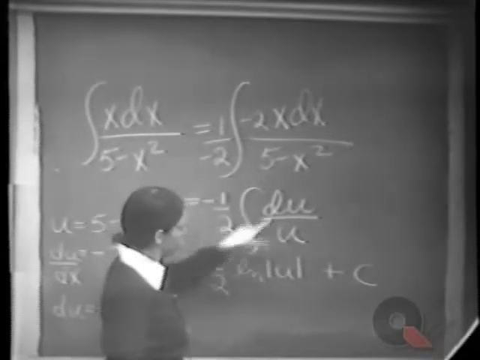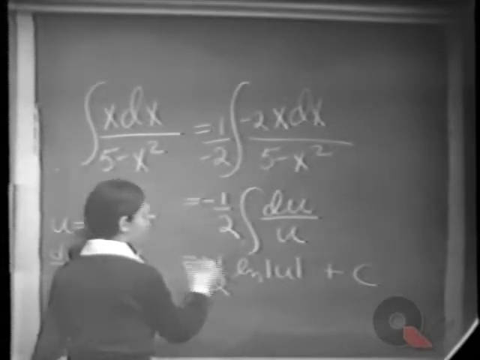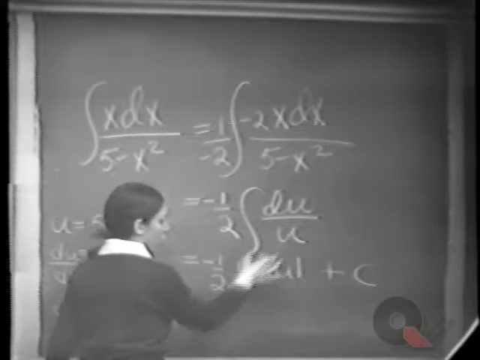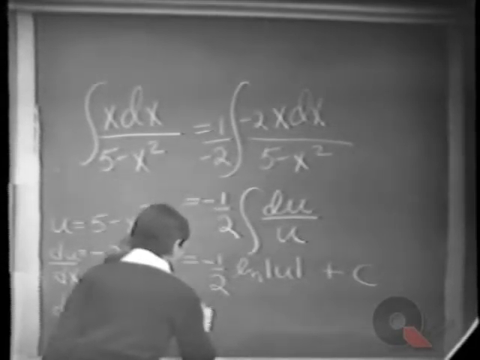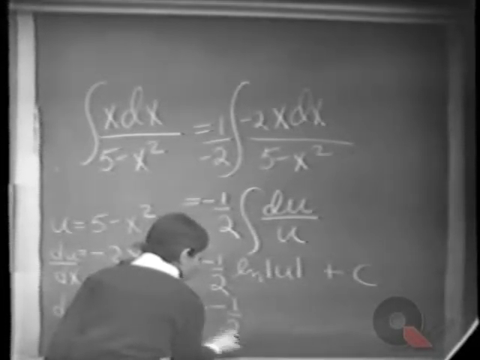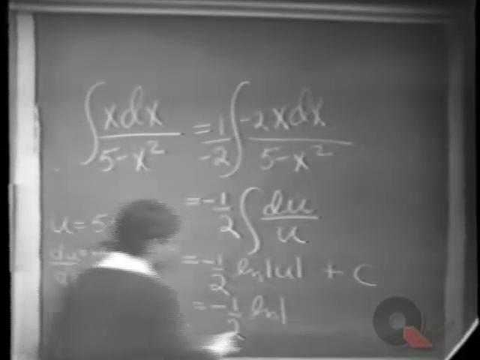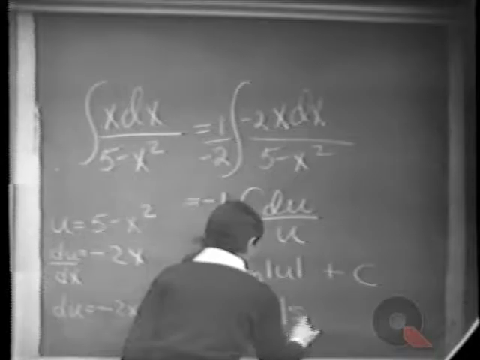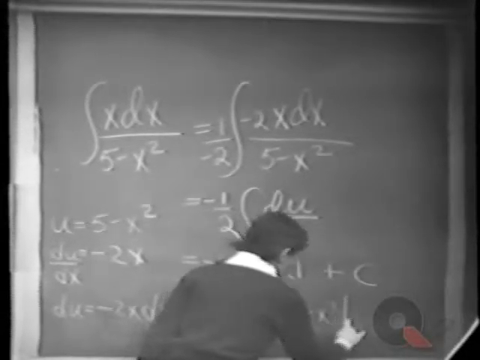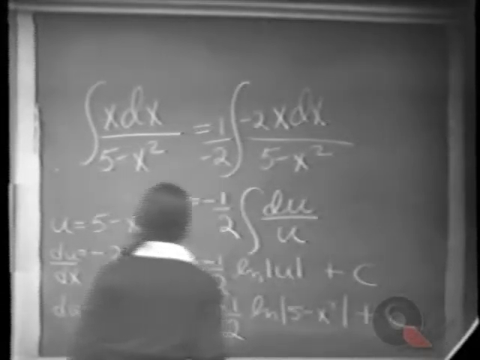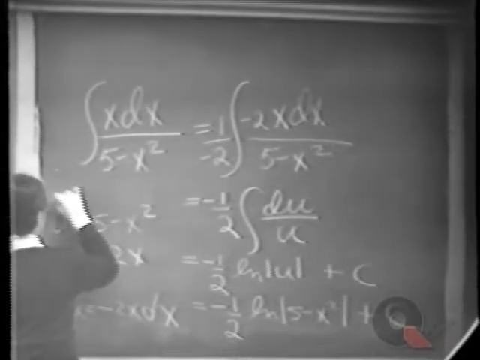Anyway, minus 1/2 the integral of du over u would be minus 1/2 natural log of the absolute value of u plus c, or minus 1/2 the natural log of, now what was u? It was 5 minus x squared. So natural log of the absolute value of 5 minus x squared plus c. This was our substitution.